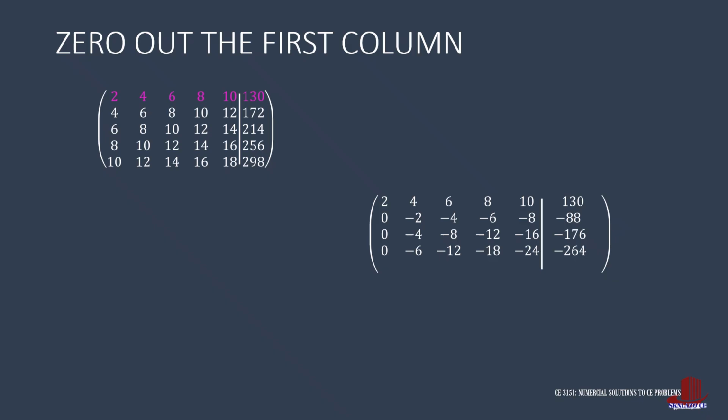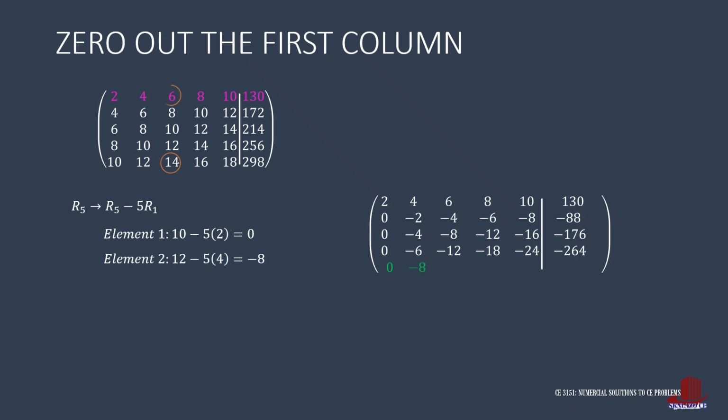Zero out the last element in column 1 using the operation of row 5 less 5 times row 1. This starts with 10 minus 5 times of 2, which is 0. The second element is 12 less 5 times of 4, giving negative 8.